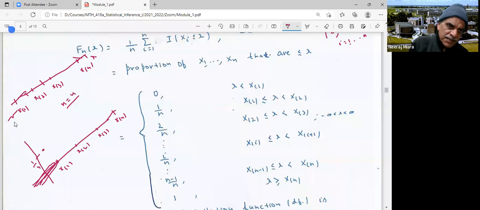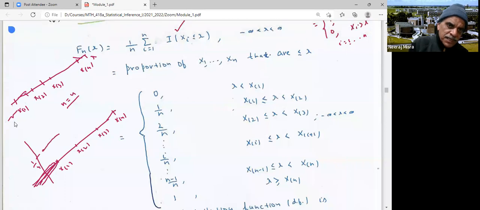We can see now there is a jump from 0 to 1 by 4. Then it would be 2 by 4 for x between X_2 and X_3. Then for x between X_3 and X_4, it would be 3 by 4.